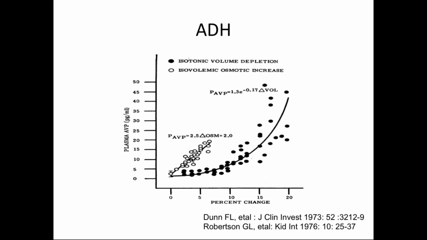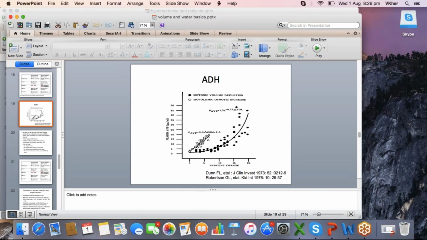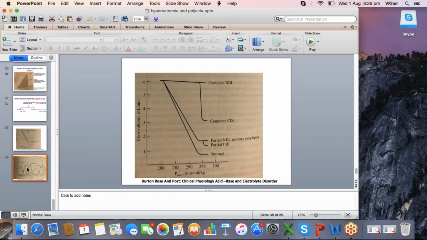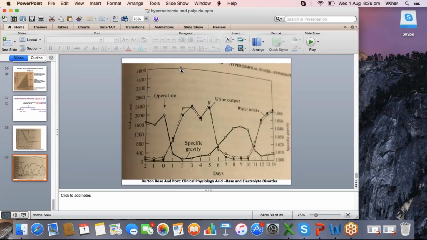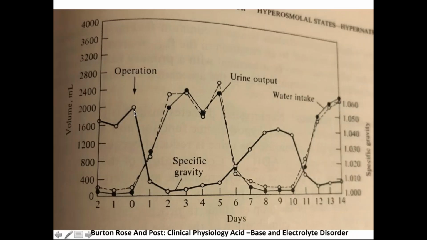Patients with that can have a time course, and I didn't go into that for time constraints, but I have a slide on that also. They can start with something like this, where they have a surgery. To orient people, on the y-axis is volume, along with urine output as well as water intake, and on the x-axis is the days before and after surgery.